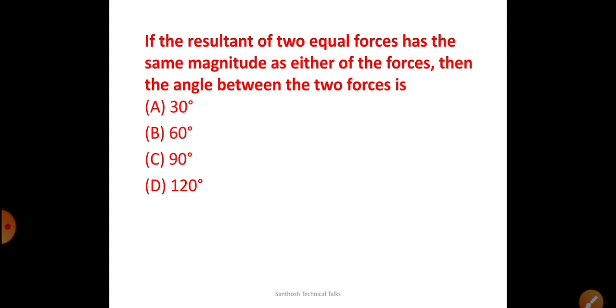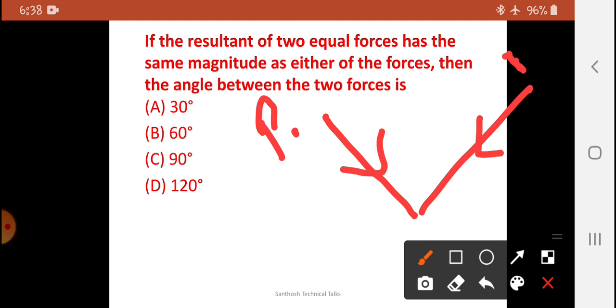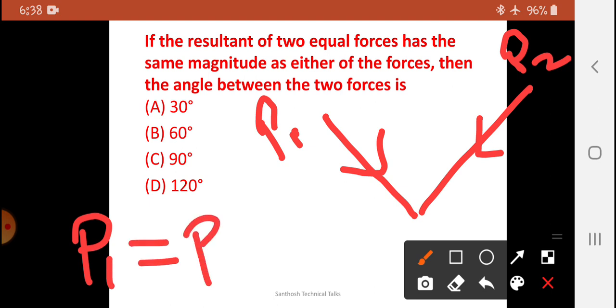And the next question, a very superb and interesting question. If the resultant of two equal forces has the same magnitude as either of the forces, then the angle between the two forces is. So let me explain. These are the forces, say P1 and P2, having the same magnitude. P1 is equal to P2, then the resultant should have the same magnitude in this direction.